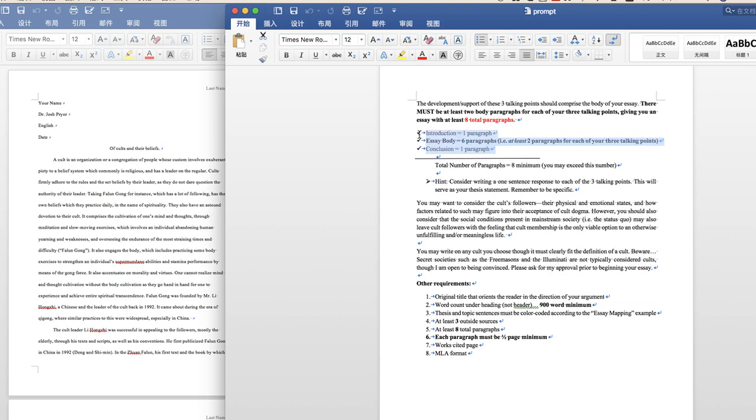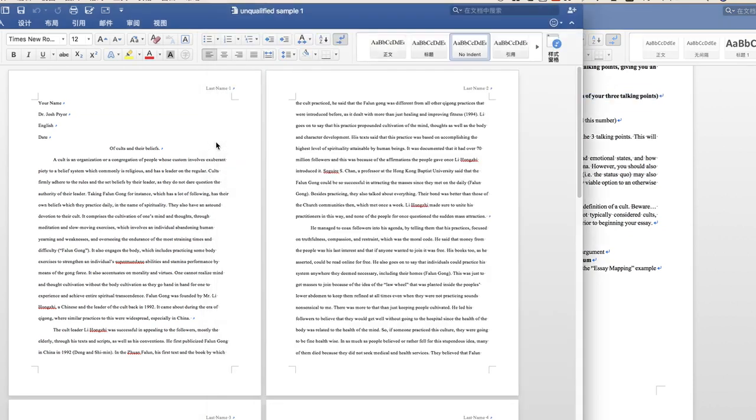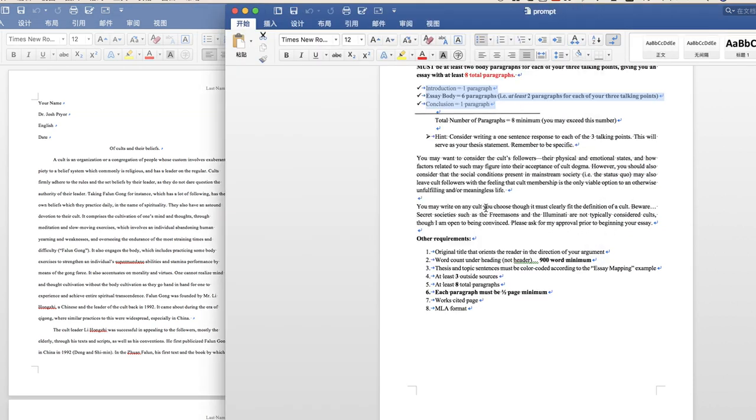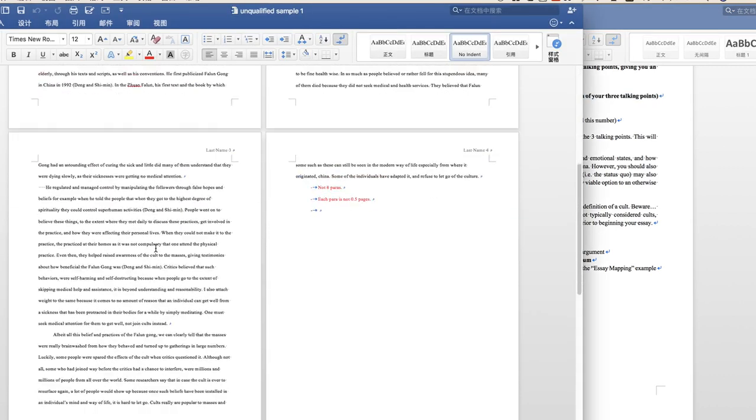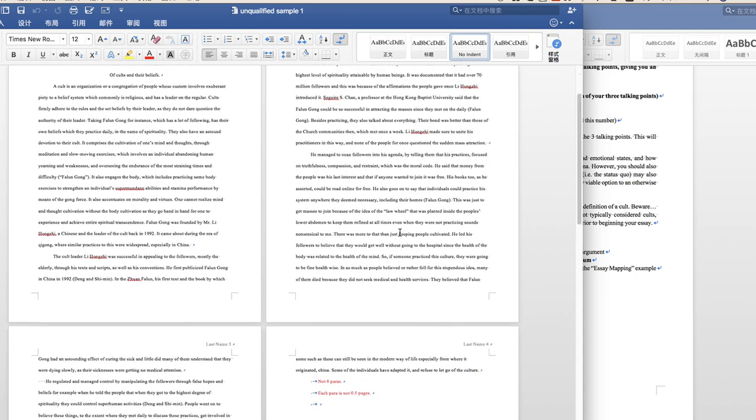Here is the essay structure. Here is the must essay structure, not recommended. And here is the other requirement. Because the writer didn't read this instruction carefully, the writer wrote an essay with only 5 paragraphs.